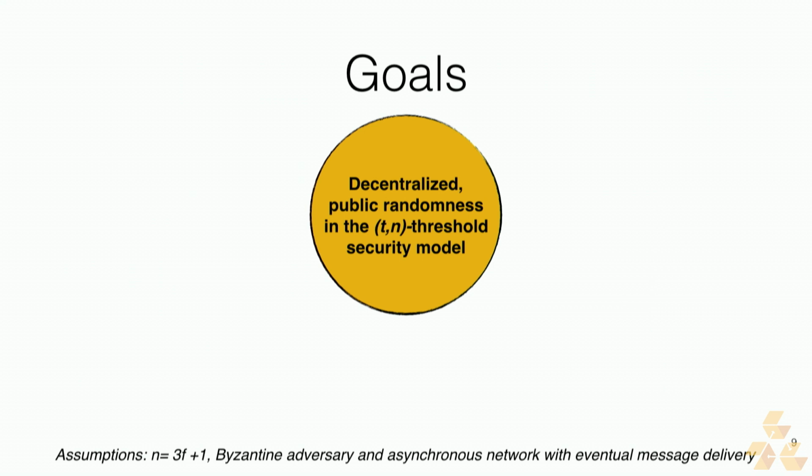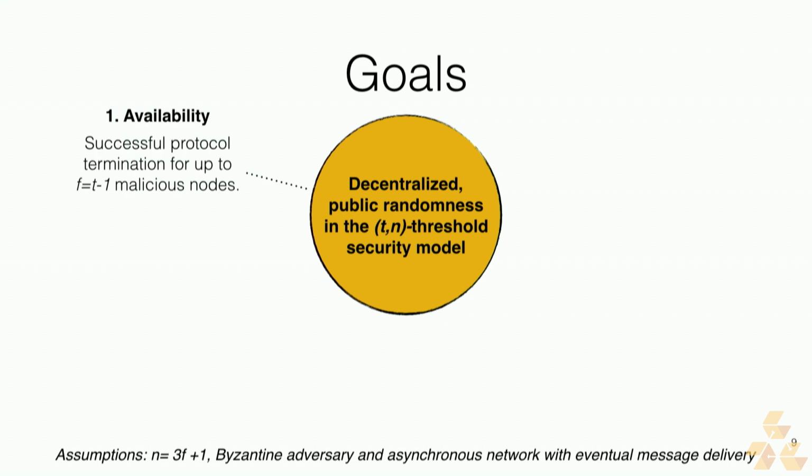When we set out to design our protocols, we wanted to work in the familiar and very well understood T-of-N threshold security model, and we had five specific goals in mind. First of all, availability, so that we guarantee a successful protocol termination as long as there are at most T minus N dishonest nodes. We also want to achieve unpredictability so that the output of the protocol is not revealed prematurely.